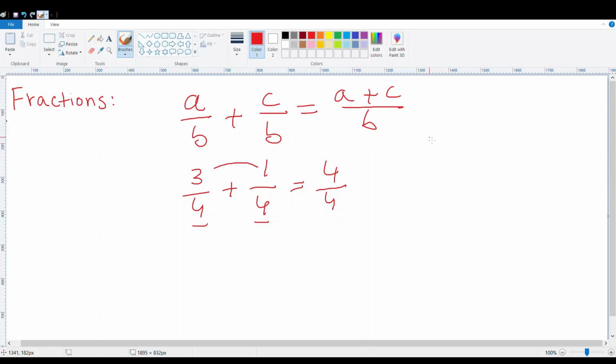You cannot add fractions when the denominator is different. If instead of b we had, let's say, something like d, then we could not add these fractions unless we change the denominator to be the same.